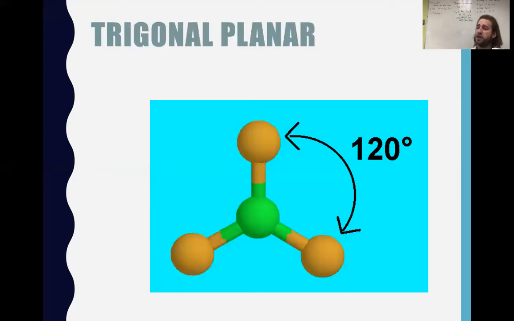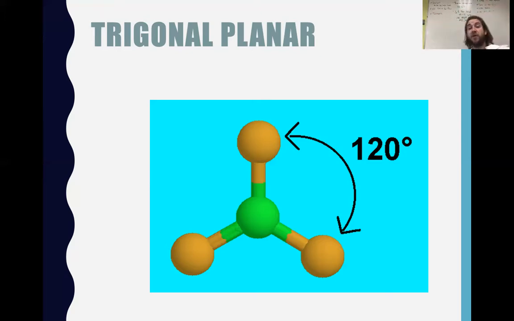Our next shape is trigonal planar. Tri means three. So if there are three atoms bonded to the center and no lone pairs on the middle, it's flat, planar. So three to the center, no lone pairs. We end up with 120 degrees all the way around in three-dimensional space. They're going to get as far away from each other as possible in 3D space. With no lone pairs, they're flat.